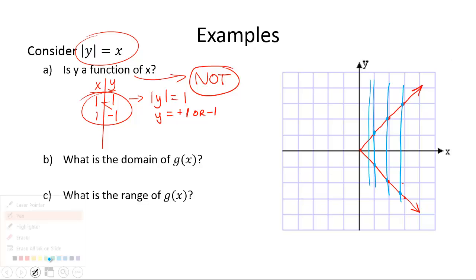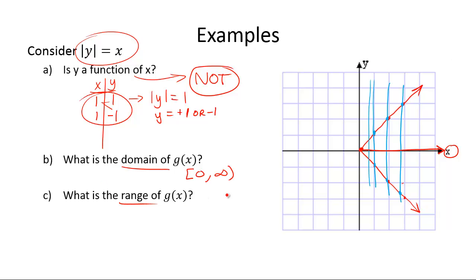So it's not a function, but we can still state the domain and range. So what is the domain? Well, it's everything 0 or higher for x, because x is all the possible domains. So 0 to infinity, including 0. No negatives can go, basically, because you can't have a negative x, because then absolute value would be equal to a negative, which is impossible by definition of absolute value.